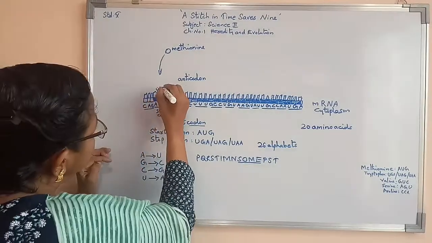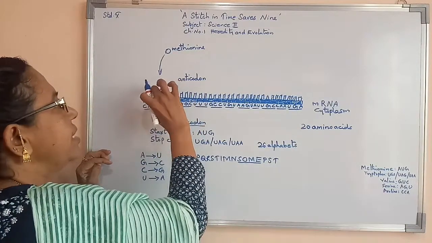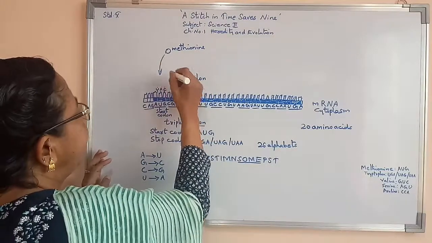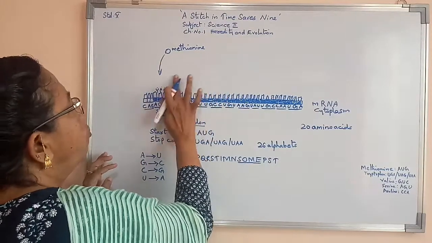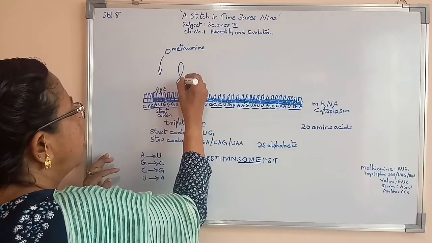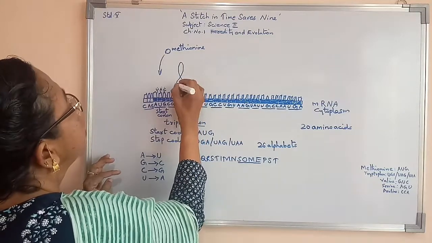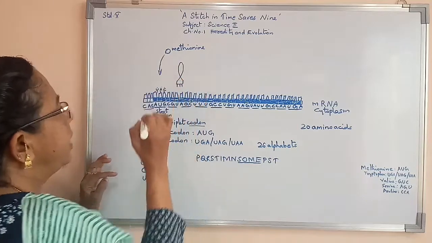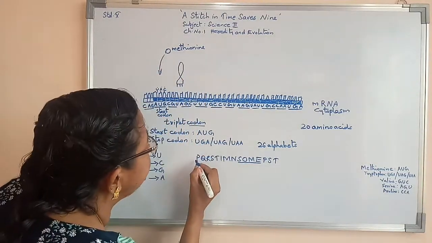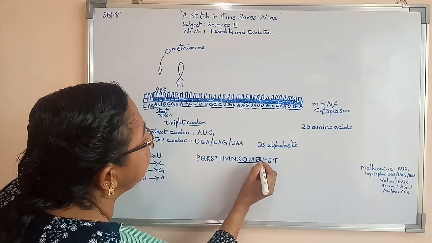Now again it keeps on reading by the ribosome. At the same time, again there will appear one transfer RNA. Now there will again be an anticodon. As and when we read, we find a meaningful word.